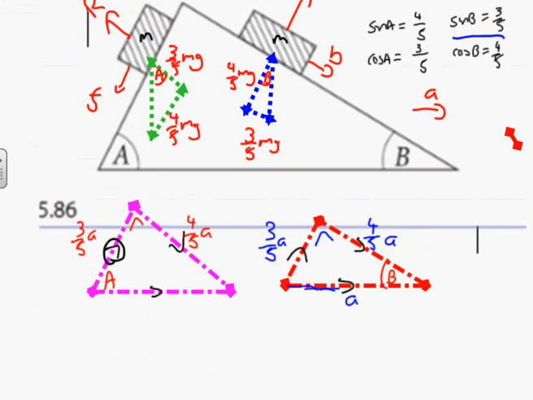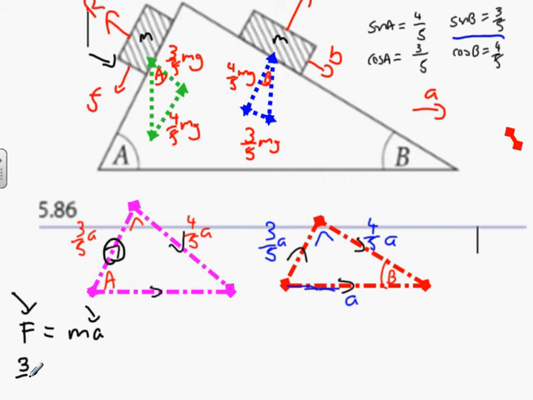Okay, next one. We're going to do f equals ma, but this time it's in the down direction. It's perpendicular to the f, so going straight down. Now, what's the f value that's sending it downwards in that direction? 3 over 5 mg.